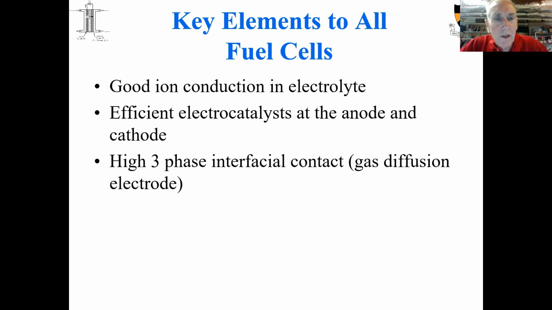It has efficient electrocatalyst for the anode and the cathode, and it allows you to get high three-phase interfacial contact by spreading the thin polymer film over a porous carbon gas diffusion layer.